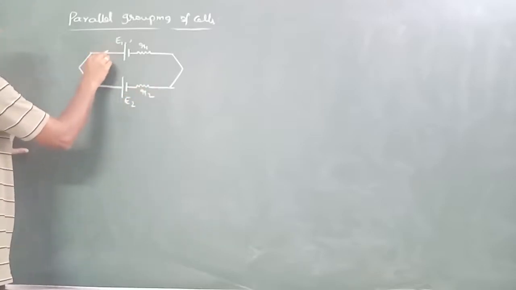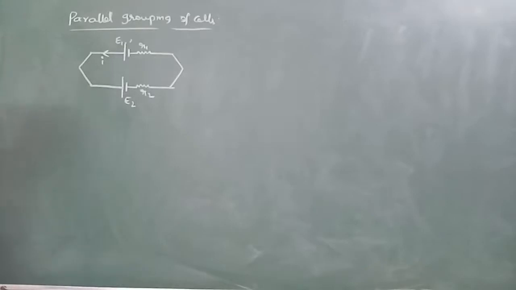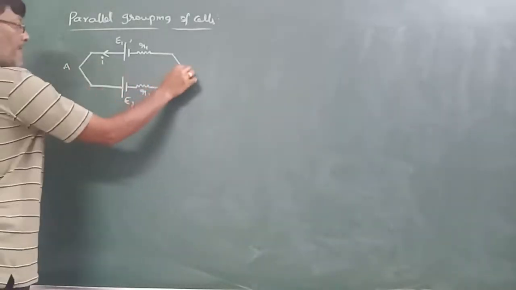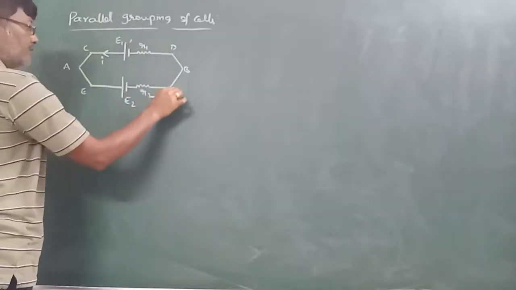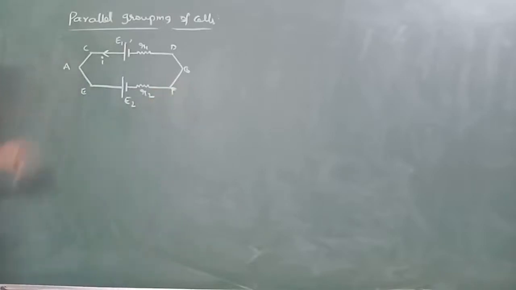I is the current flowing through the circuit.